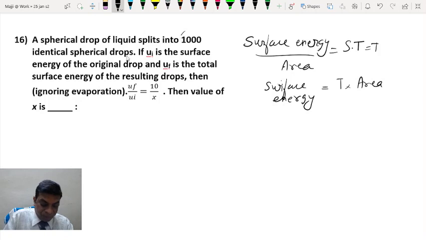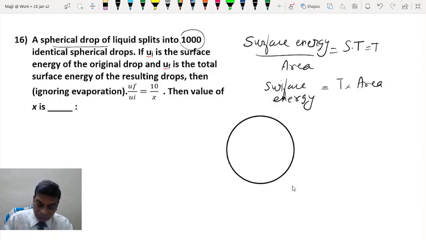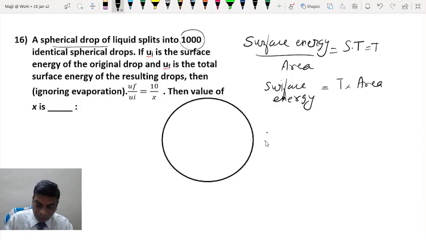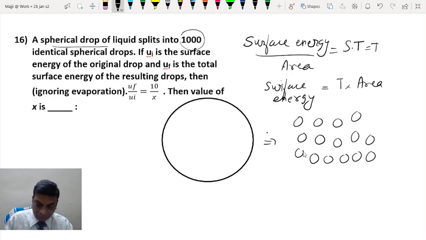So here, a spherical drop of liquid splits into 1000 identical drops. This is the original drop, and this splits up into 1000 identical, meaning similar, droplets. Let us say radius of the original sphere is R, and radius of each droplet is smaller.